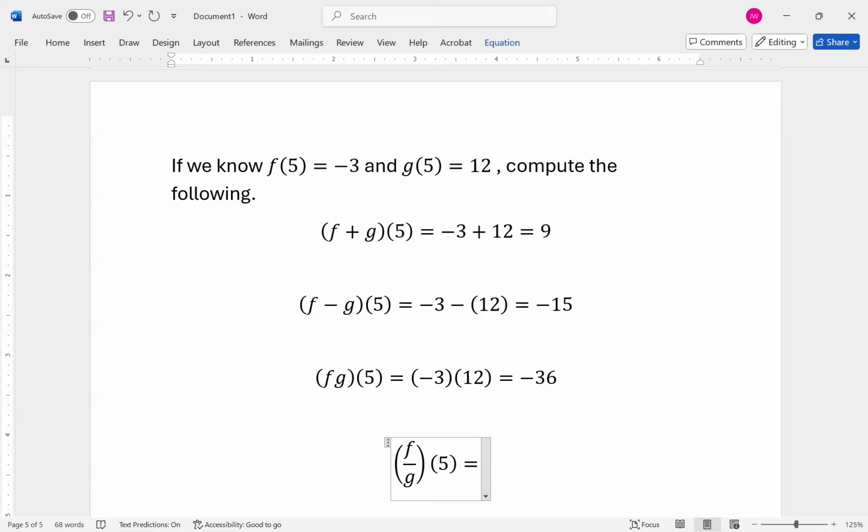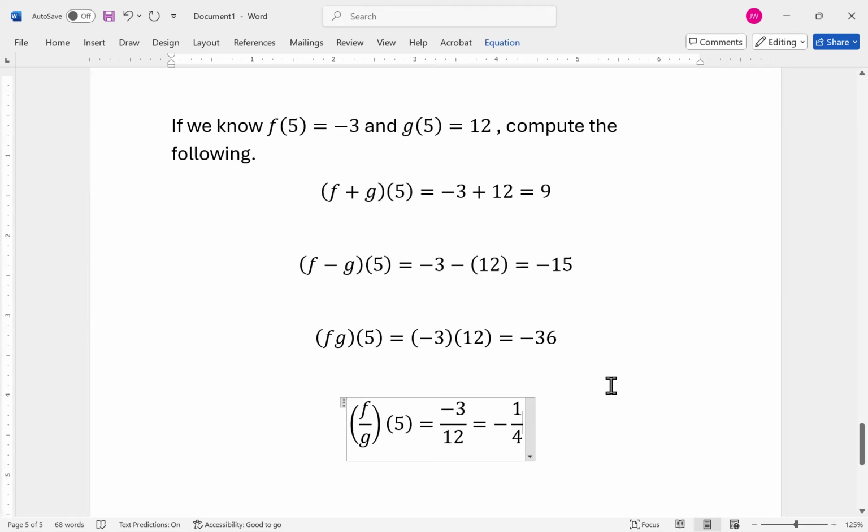And f divided by g of 5 should be the fraction f of 5, -3, divided by g of 5, which is 12. Now, if you wanted to simplify that, the fraction simplifies to -1/4. If you wanted to write that as a decimal, that would be -0.25.